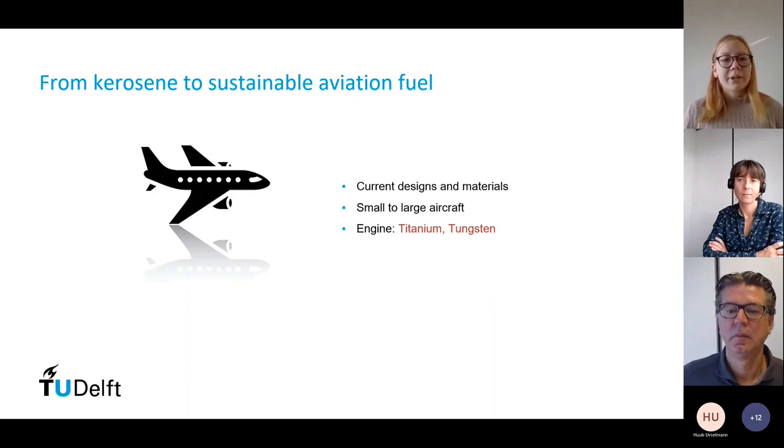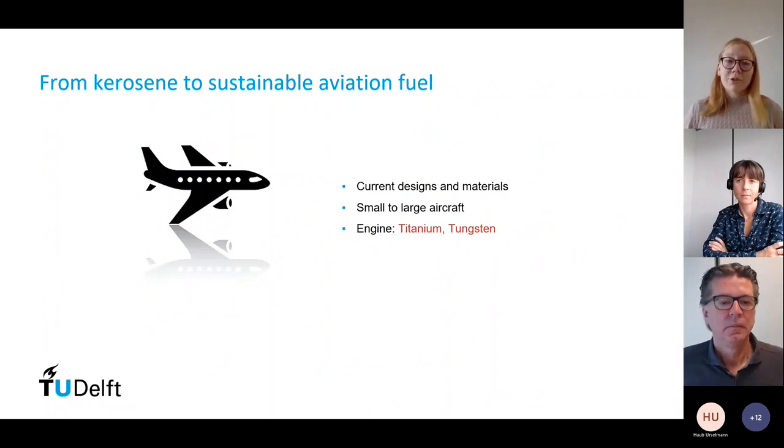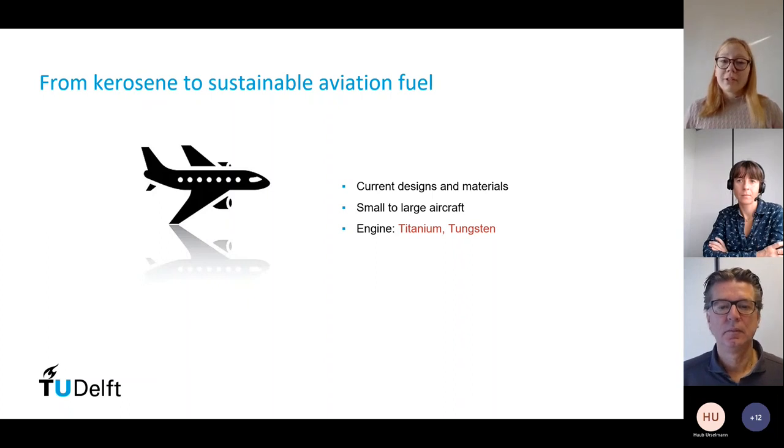But here I would like to point out that this critical raw materials aspect and these materials that we're using, they're not only a problem for this future aviation. They're already a problem in current aviation. In current jet engines, we're using titanium and tungsten in the turbine blades and the compressor blades.